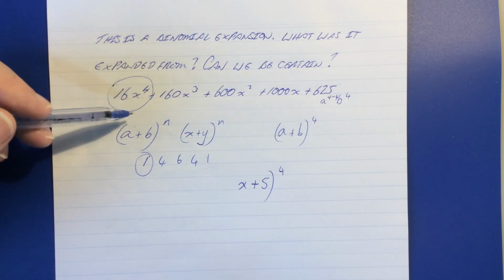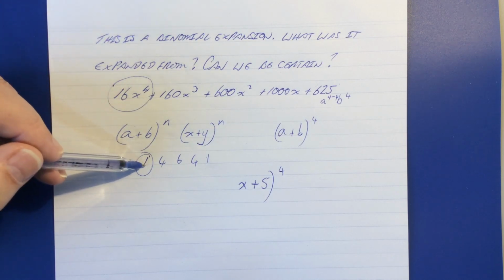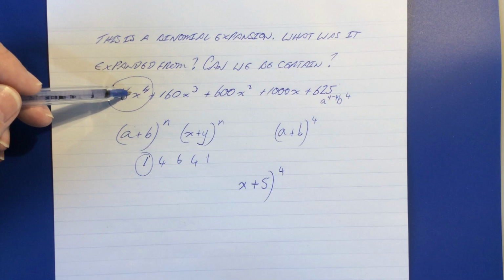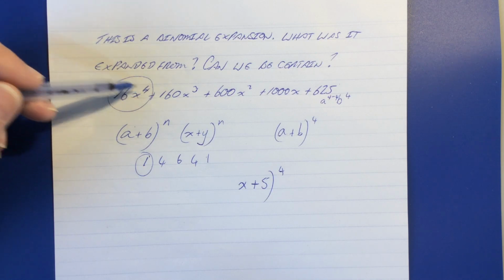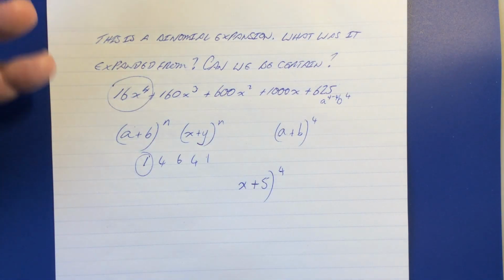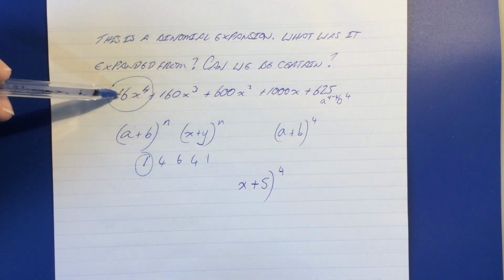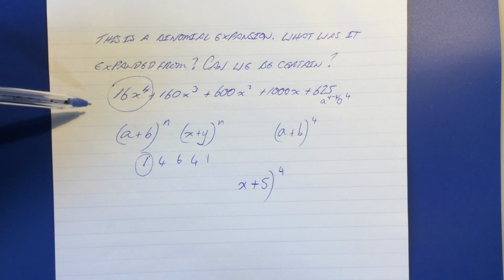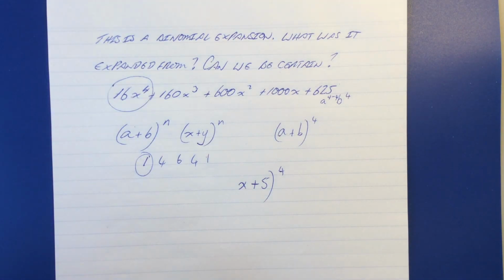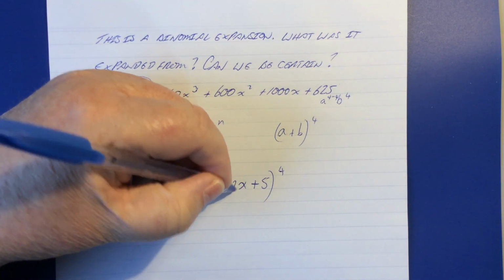If this were just 1, what we would be seeing is just x to the power of 4 here. 1 to the power of 4 is 1, and 1x to the power of 4 is x to the power of 4. We need to find the fourth root of this thing if we're to make some progress. What is the fourth root of 16? Well, 2, 4, 8, 16. It is 2.